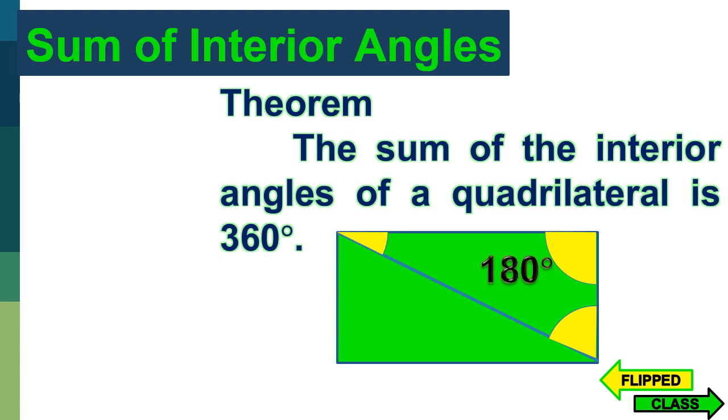That is also true for the second triangle at the bottom. When you add these red colored angles, that is also 180 degrees. When you remove that diagonal line there, they all sum up to 360 degrees. This is the proof for this theorem.